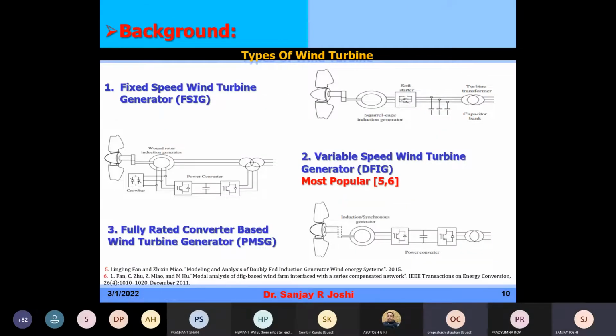So there are different types of wind turbine. The first is the fixed speed wind turbine. The other is the variable speed wind turbine, and the third one is the fully rated converter based wind turbine generator, in which a permanent magnet synchronous generator is used. Now in this case, on the rotor there is a permanent magnet, so no winding.